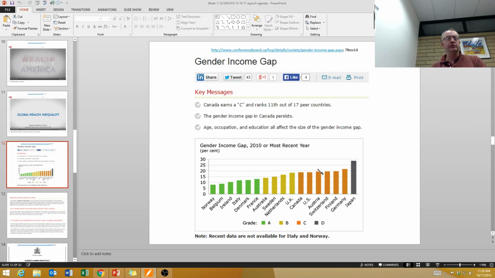Not always, but I suspect there's a difference there. So if more men work in the mining industry, or the forestry industry, or deal with chemicals and heavy equipment in the oil and gas industry, and they do more dangerous work, then they're probably going to get paid more. And so that's another contributing factor to gender differences in income levels.